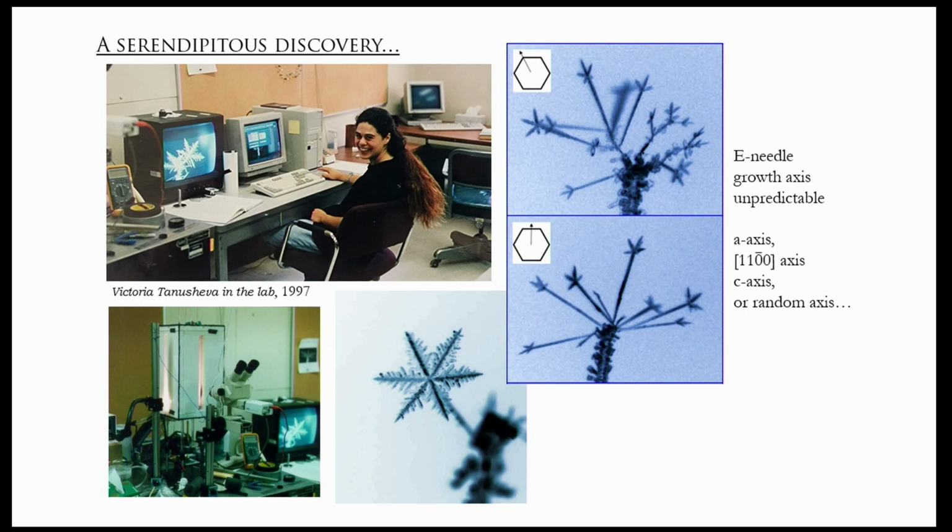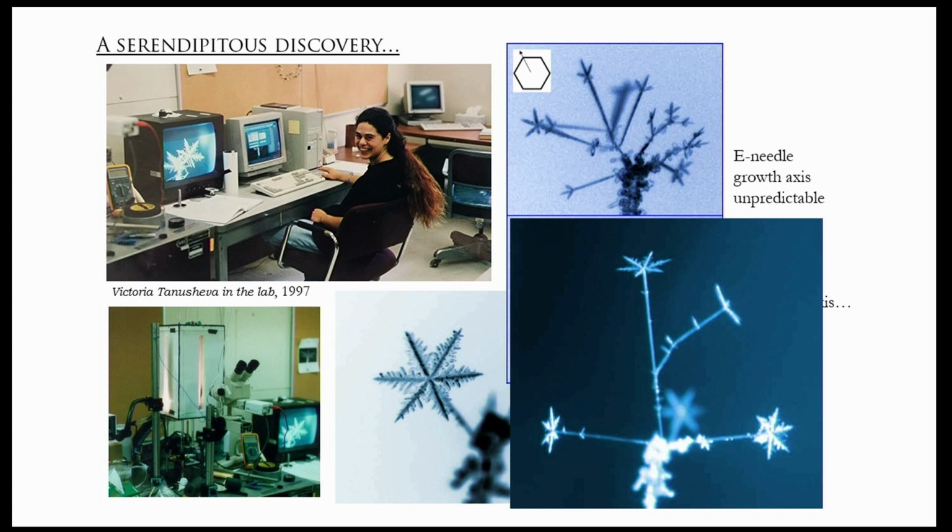And Vicky just did this day after day, tried different things. I mean, usually you run for a day, and then you warm it up and clean it out and try again in a few days. And we had a whole long list of things we could change: temperature, supersaturation, voltage, to try to get C-axis needles. And over and over again, it just didn't work. We didn't get C-axis needles, and we couldn't figure it out.